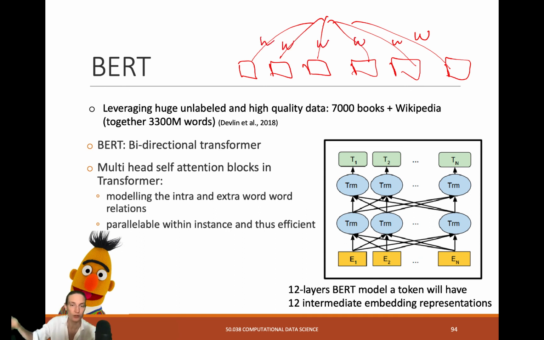So how much to focus on words that are further back in the sentence or not. And this is what we call self-attention. And within the transformer network, this attention mechanism plays a very important role in both the encoder and the decoder.